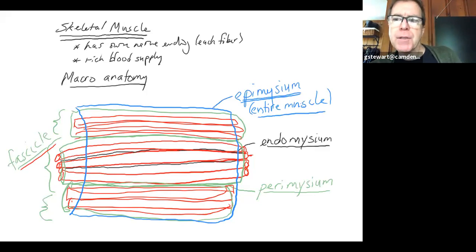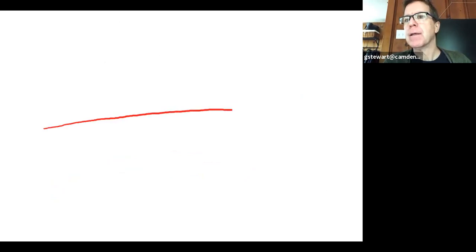Now I'm going to go the opposite direction and talk about microscopic anatomy of muscle cells. So in the next board that I draw, I'm going to take one of these individual cells, and we're going to look at what's inside of that, okay? So let me layer on here. Now I'm just going to draw one big cell.